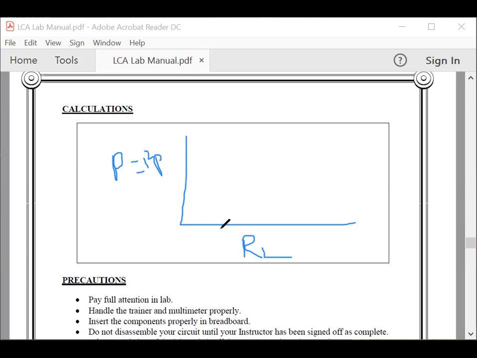So when you apply a 10 ohm resistance at your load, your power will be, let's say, at this point. When you apply 20 ohm resistance, your power will be at this. When you have 50 ohm, your power will be at this point.